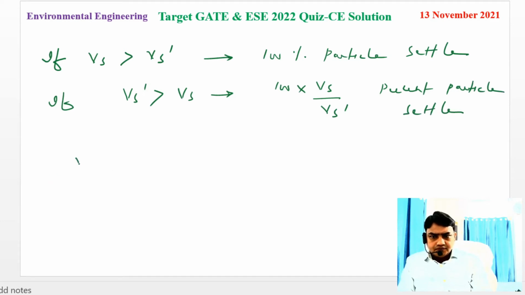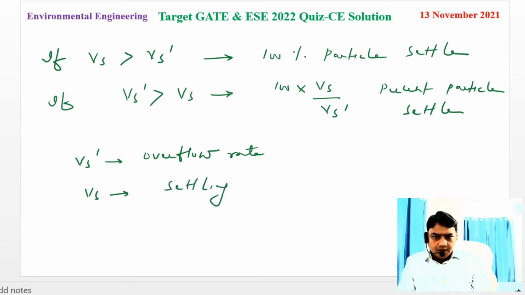Here Vs dash is overflow rate, that is equal to the discharge by surface area B into L, and Vs is the settling velocity.